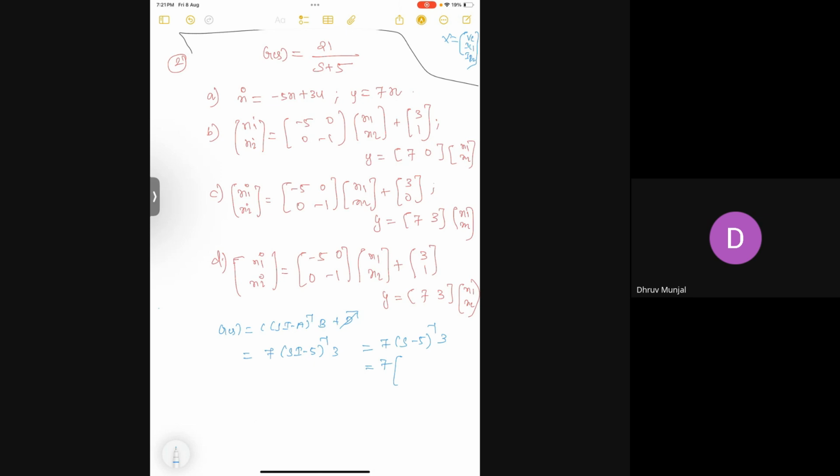What is s plus 5 inverse? It will be 1 by s plus 5. So 7 into 3, 21 by s plus 5.